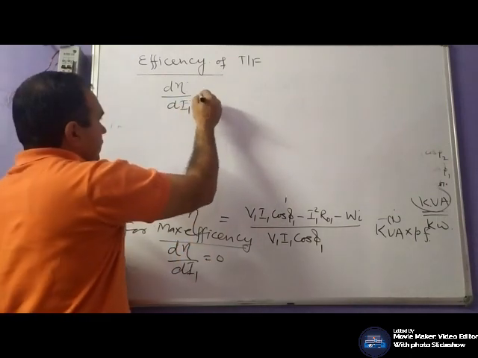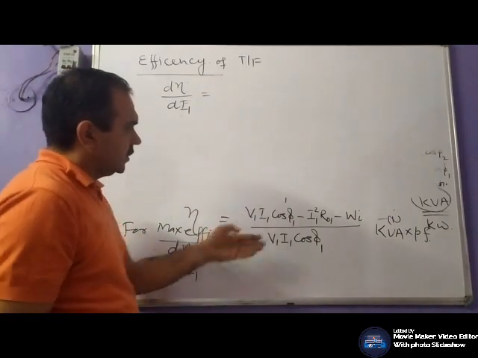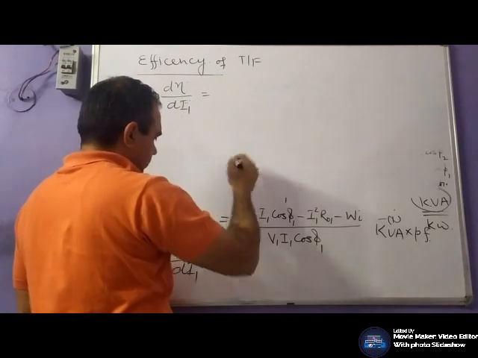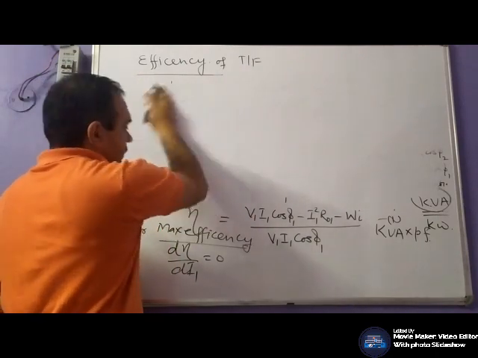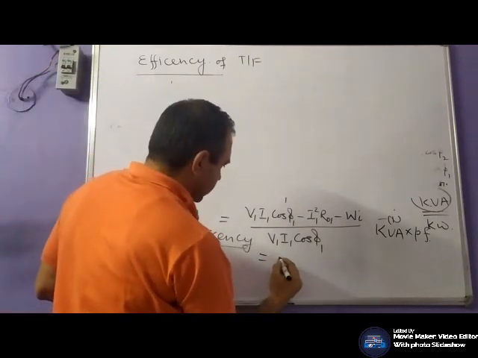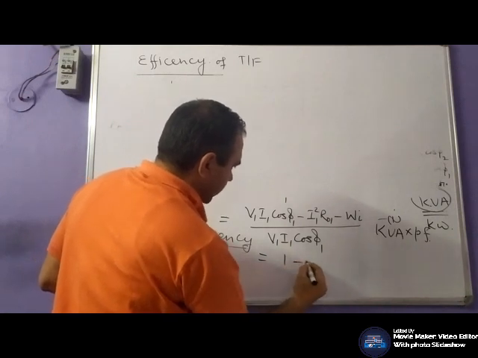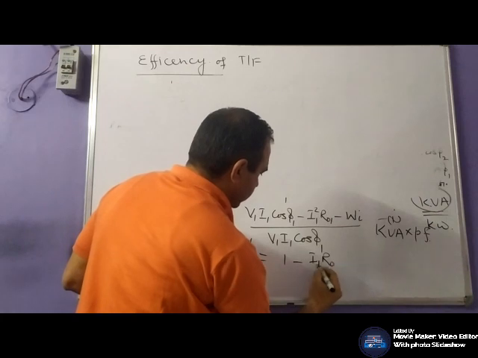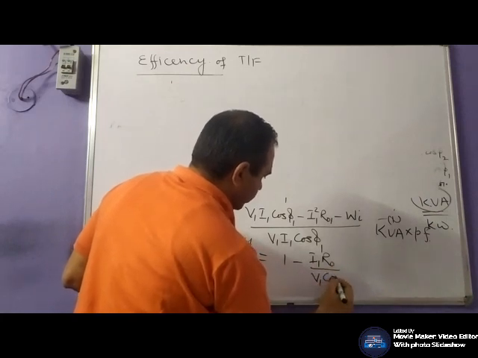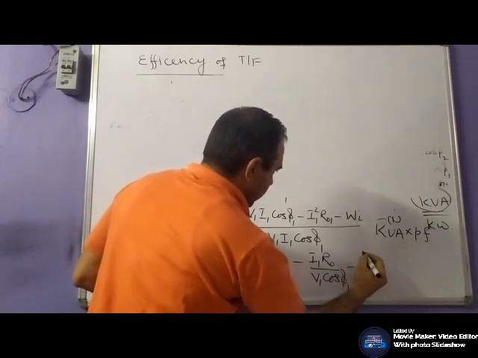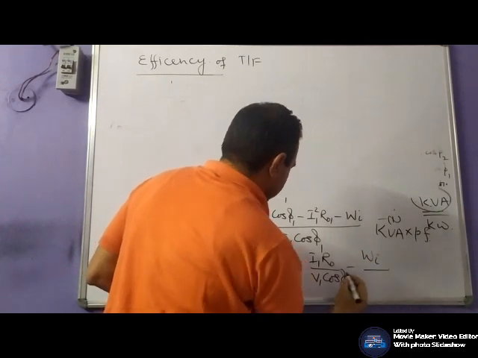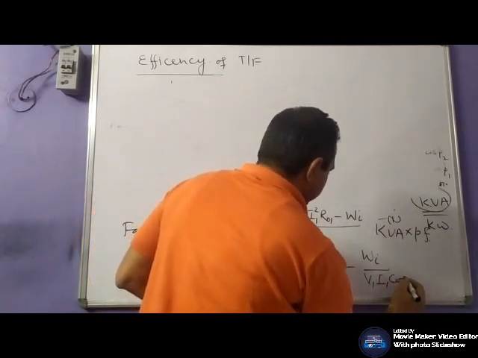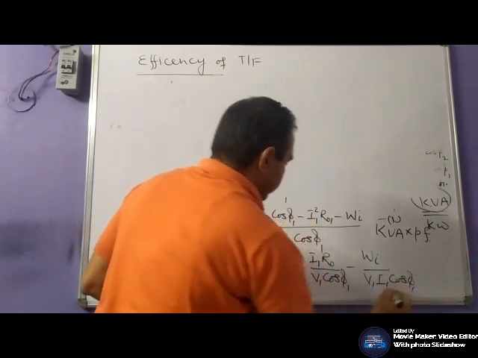So we can differentiate it, or we can first further simplify it: 1 minus I1 R naught 1 over V1 cos phi 1, minus iron loss over V1 I1 cos phi 1. Now you differentiate.